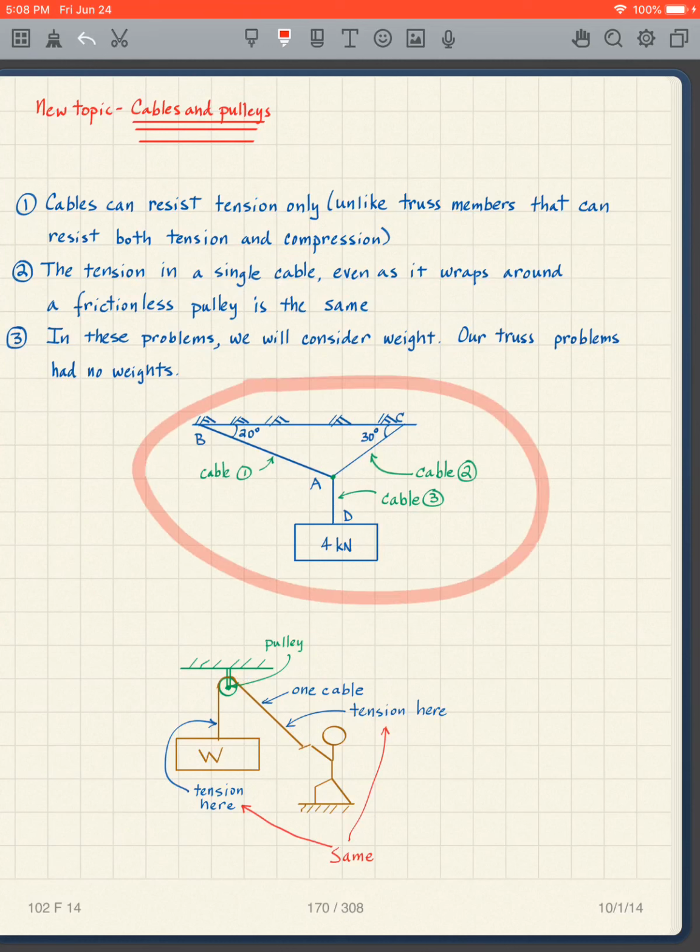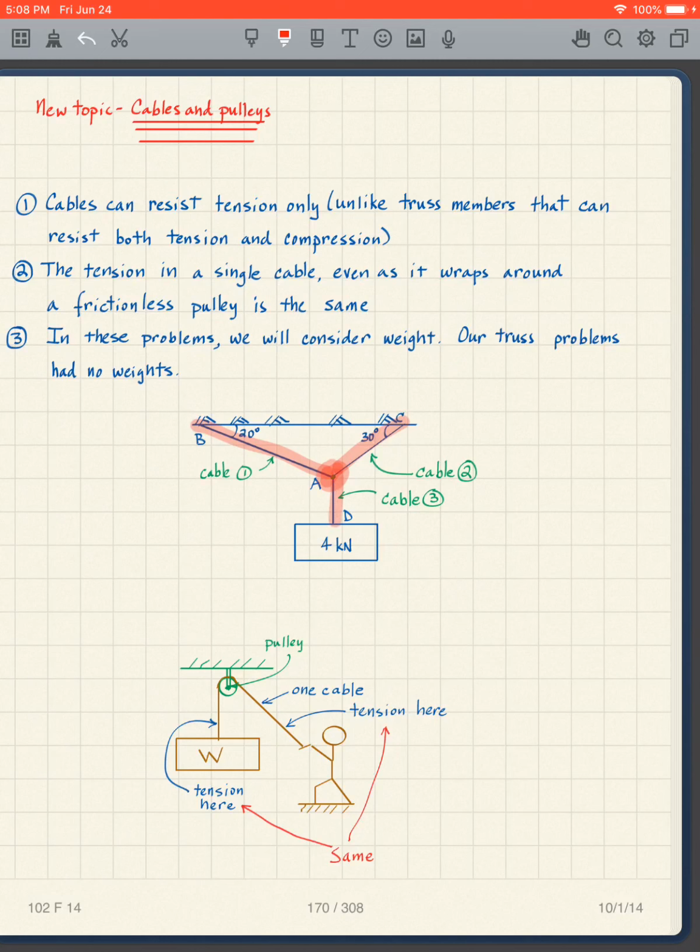Unlike this problem over here, where I have more than one cable. In other words, the way that I'm showing this, I have a cable that goes from there to there, a cable that goes from there to there, and a cable that goes down here. So here I have cable 1, cable 2, and cable 3. So I have 3 cables in this problem, whereas here I just have 1 that goes around the pulley.